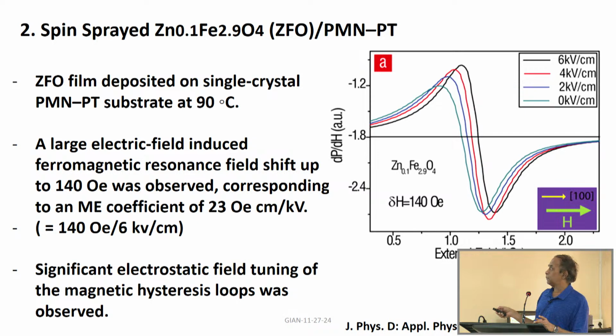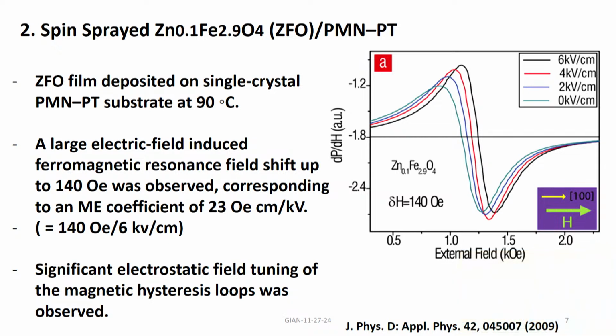So, what they did was to look at the ferromagnetic resonance under 0 electric field and a series of electric fields from 0 to 6 kilovolt per centimeter.